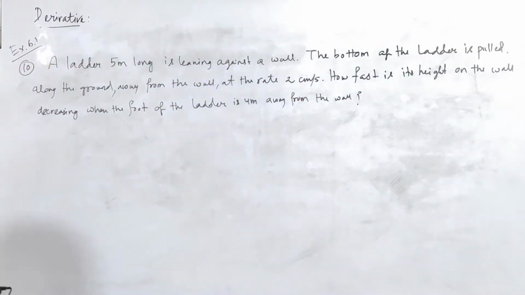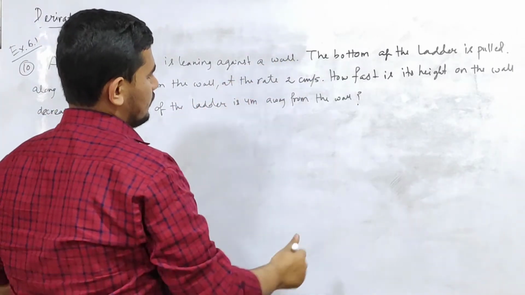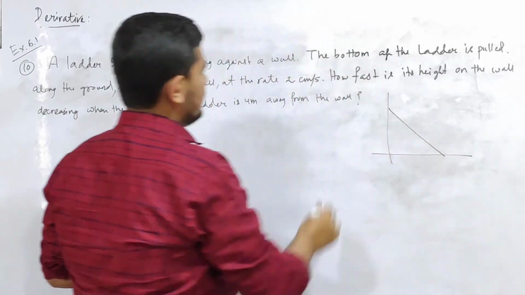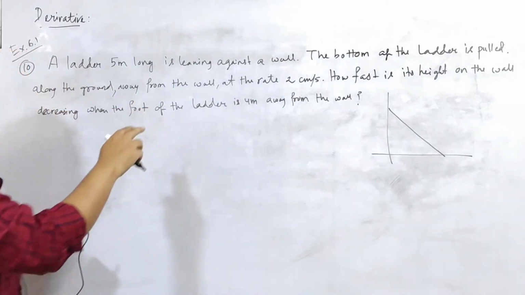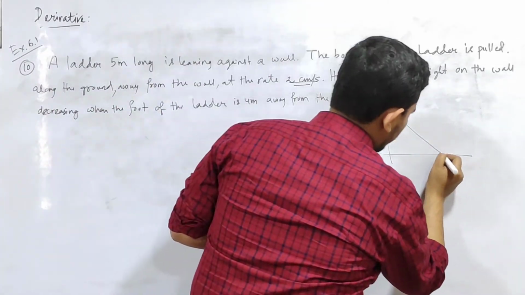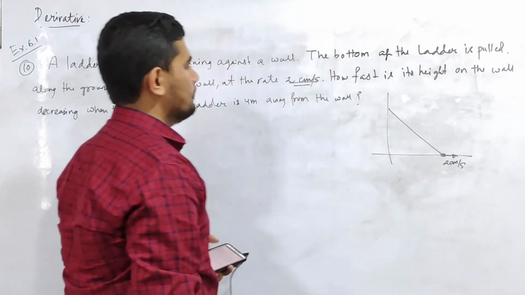So basically this is the problem. Here a ladder is given which is leaning against the wall. The bottom of the ladder is pulled along the ground away from the wall at the rate of 2 centimeter per second, that is, this point is moving here at 2 centimeter per second.